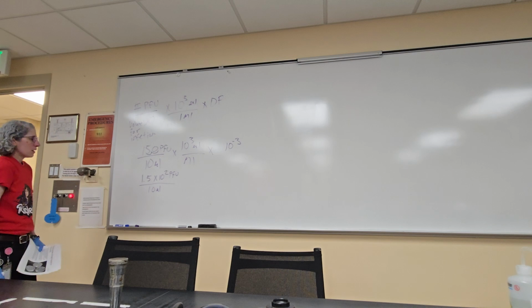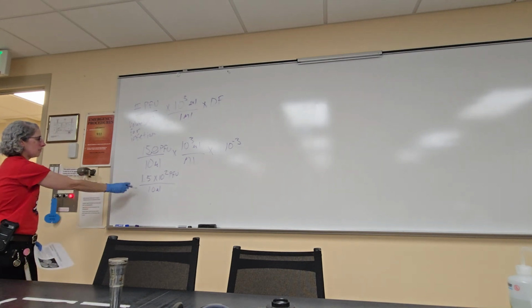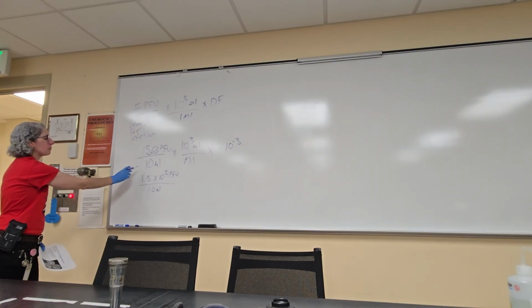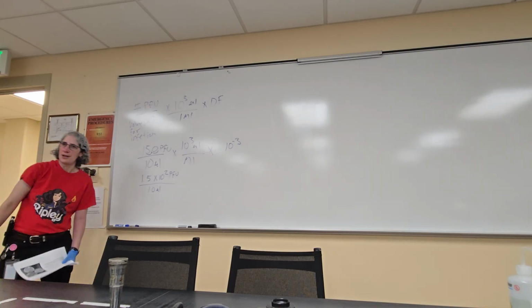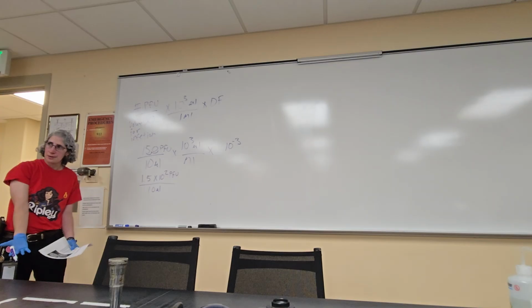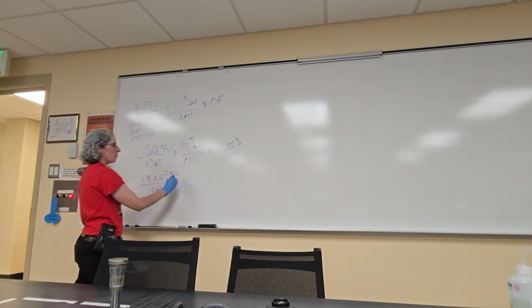All right, and so that would, then if you divide 1.5 times 10 to the 2 by the 10, then that's going to give you what? 0.15, okay? So I'm going to move this way now.